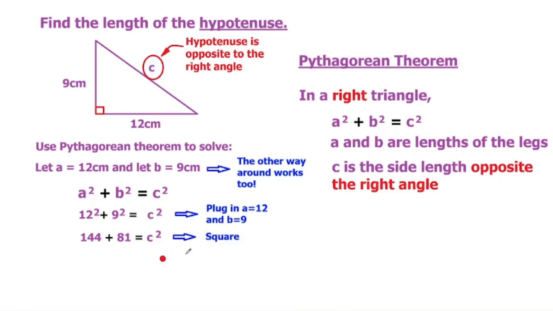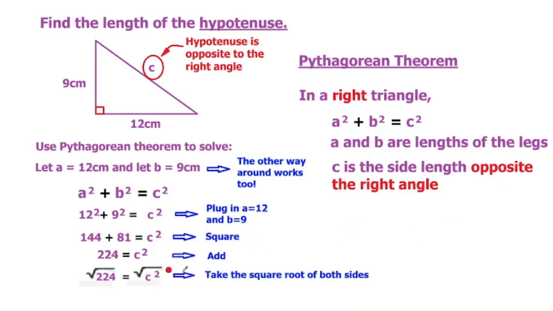Now we take the squares of everything, okay? The square of 12 is 144, the square of 9 is 81. So now we can add these two together and we get 224 equals C squared.